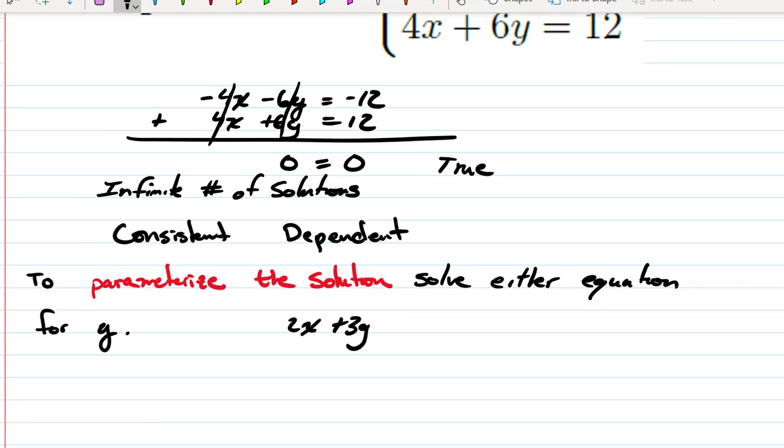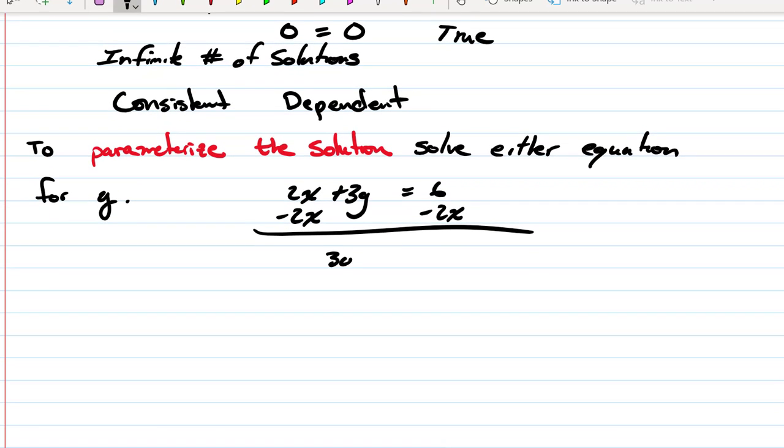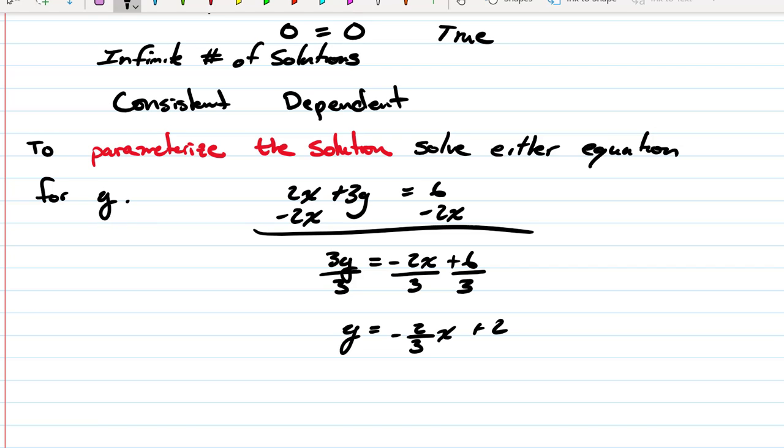So you'll get the same thing regardless of which equation you solve. So we have 2x plus 3y equals 6, and minus 2x, and minus 2x. And that gives me 3y is equal to negative 2x plus 6, divide by 3, and we get y equals negative 2/3 x plus 2.